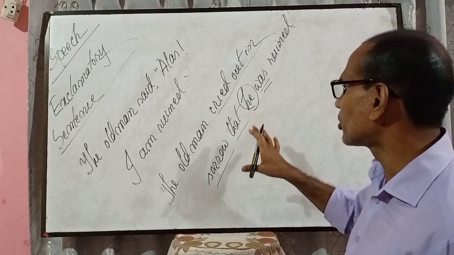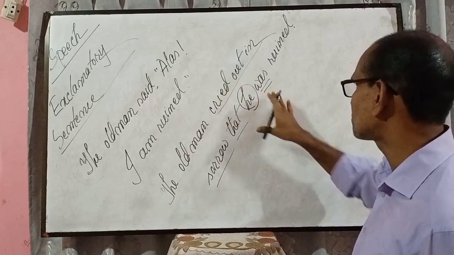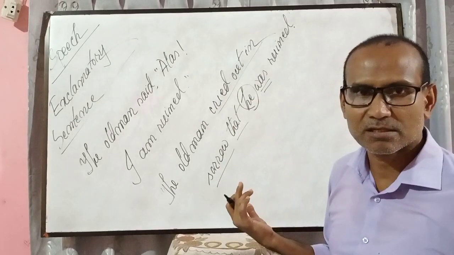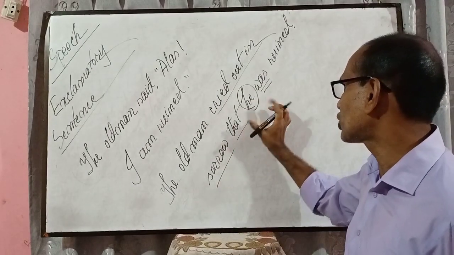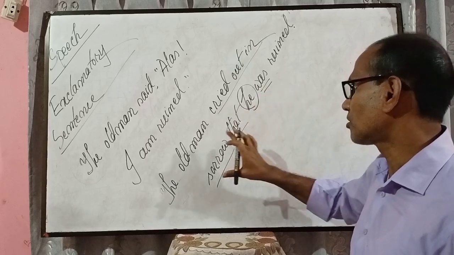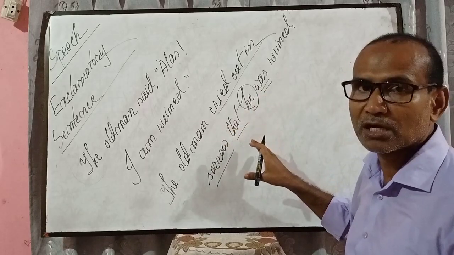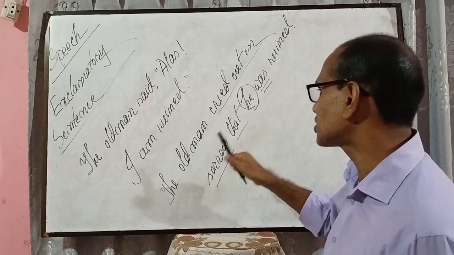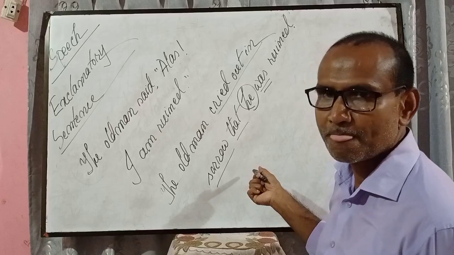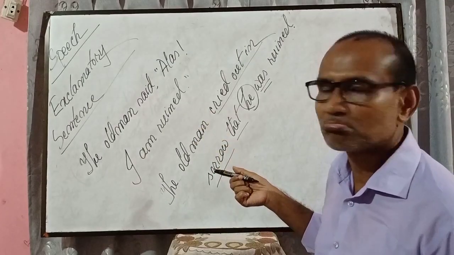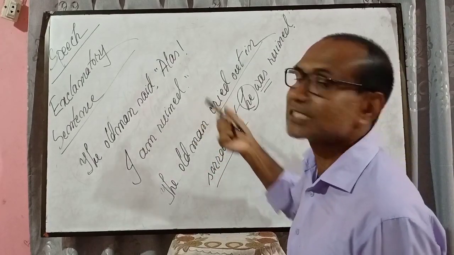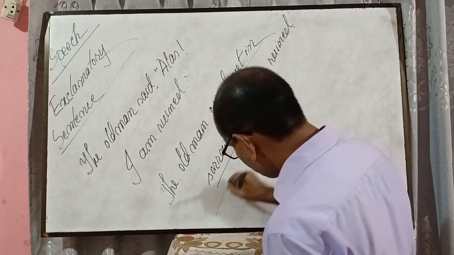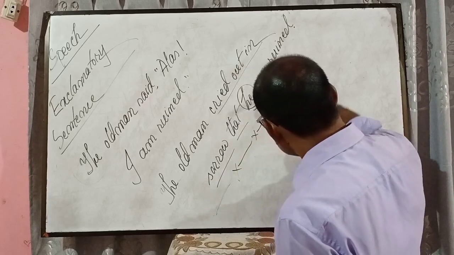So 4 changes: sentence assertive, tense past indefinite, say verb cried out in sorrow, and that is intact here. I have joined the 2 clauses, or you can say instead of comma I have used that. So that is the way you have to change from direct to indirect if the sentence is exclamatory, right?